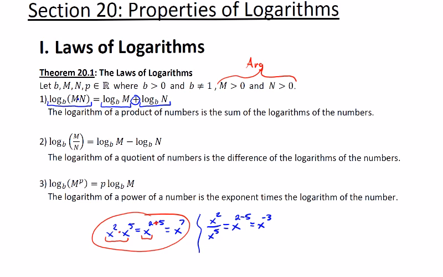So both m and n have to be values that are greater than 0. B, which is being used for the base, this is the same base that we've been using since exponentials. It has to be positive and it can't be 1. And then the rest of this beginning line just says that everything has to be a real number. So just everything's a real number, and we'll be fine with those.